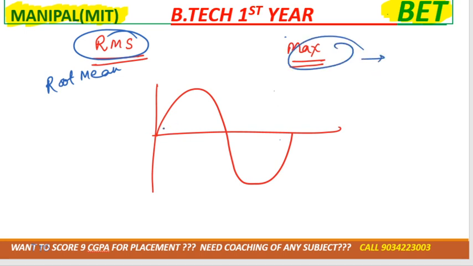So what is root mean square? Like suppose this is the voltage and every instant I am measuring the voltage. Okay, at every point I'm measuring the voltage. Like suppose at this instant V1, V2, V3, V4 and so on, it goes up to Vn. So what is VRMS?